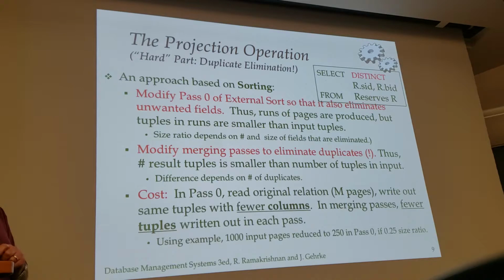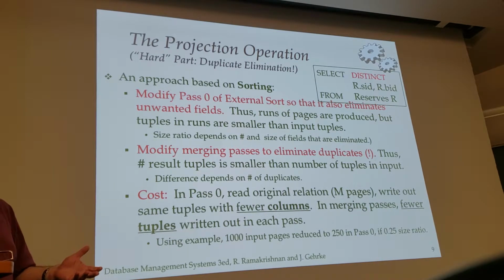So if you have a select distinct where you're asking for 3 fields, you need the 3 fields. And things are duplicates if they agree on those 3 fields, right? If you're doing a select distinct and there are 8 fields, you care about the 8 fields and it's a duplicate if it agrees on all of those 8 fields. 7 out of 8 ain't good enough. 7 out of 8 means it's not a duplicate.